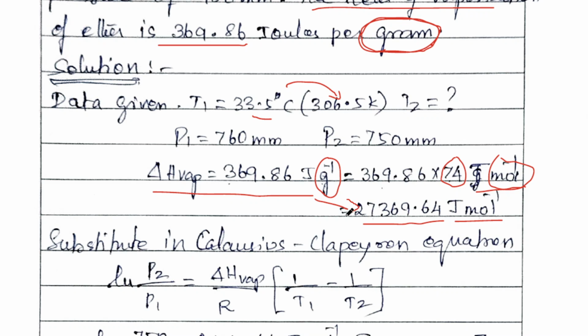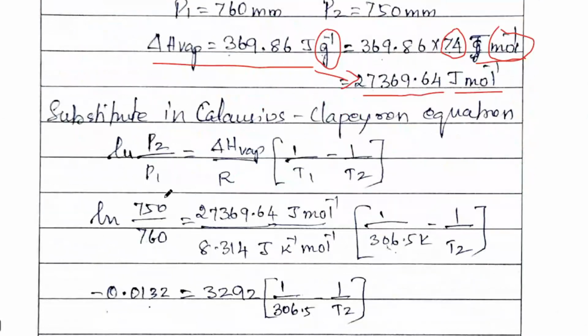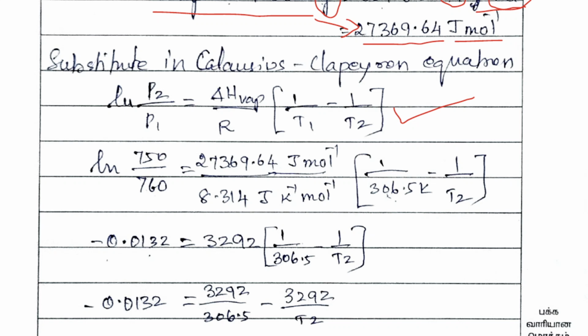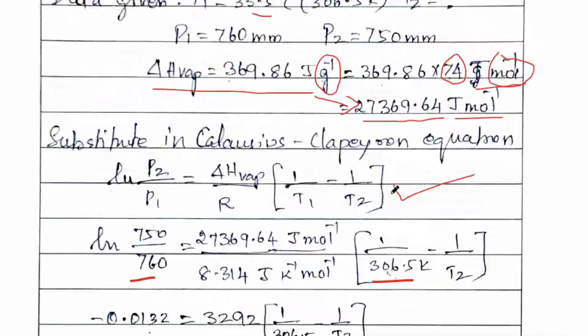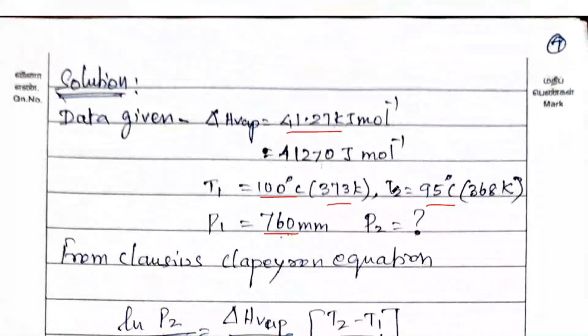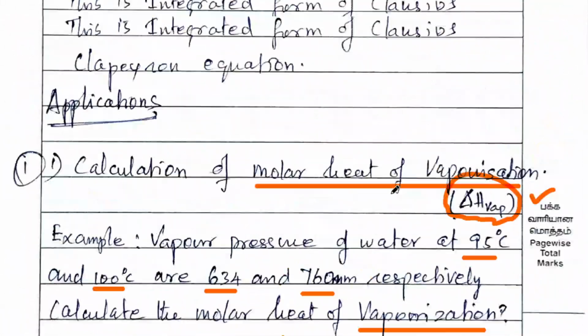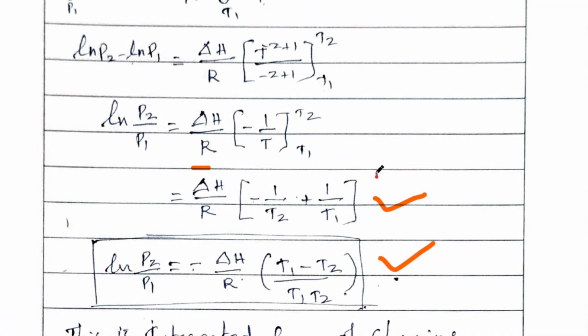Now substitute the values in Clausius Clapeyron equation. The equation is ln P2 by P1 equals delta H vaporization by R into 1 by T1 minus 1 by T2. As I have already told the class, there are different forms of Clausius Clapeyron equation.